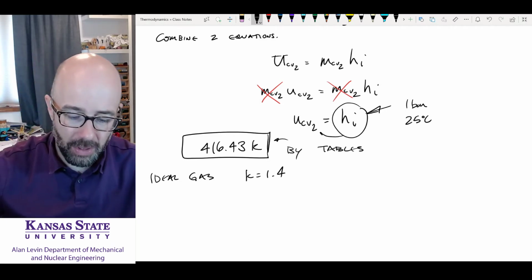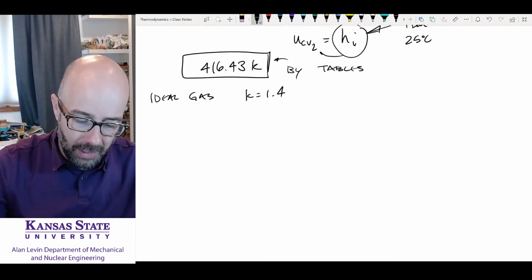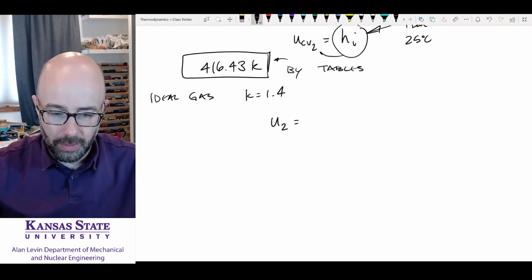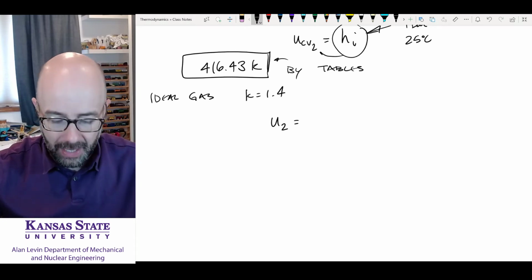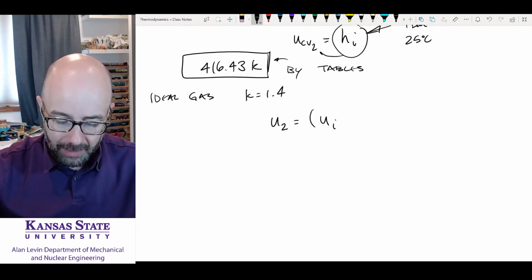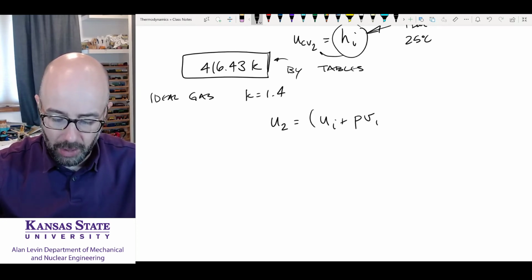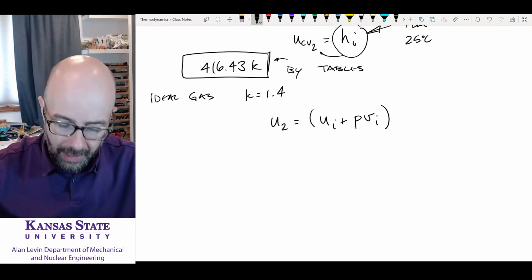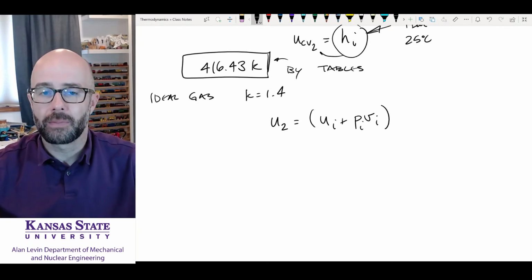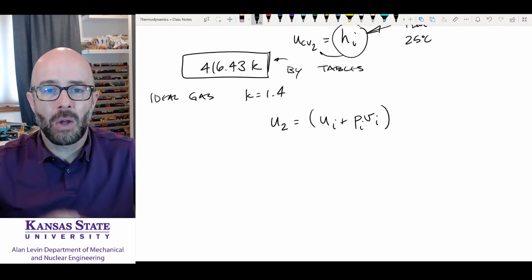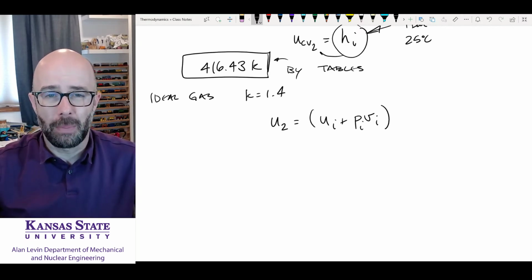Okay, so the first thing we would do here is say this: the internal energy at state 2 would be equal to, well, I can rewrite enthalpy as internal energy in plus pressure times specific volume in, so pressure in times specific volume in. Now I'm expanding how we define enthalpy. We are going to very rarely do this; this is a very interesting case.